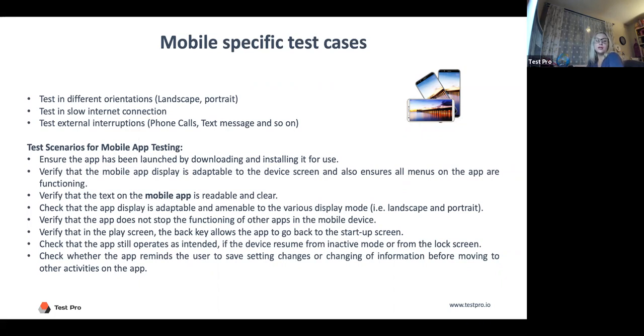Okay, so let's talk about test cases and really possible test scenarios for mobile application testing. I will now tell you the test scenario, and you tell me what type of testing this test case should be: performance, smoke, regression, functional, integration.